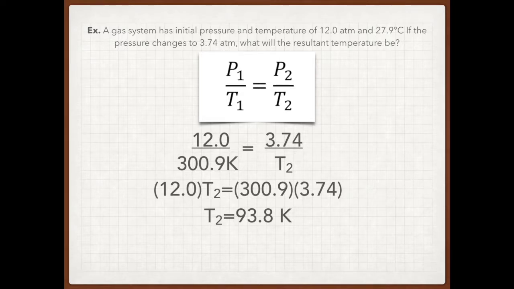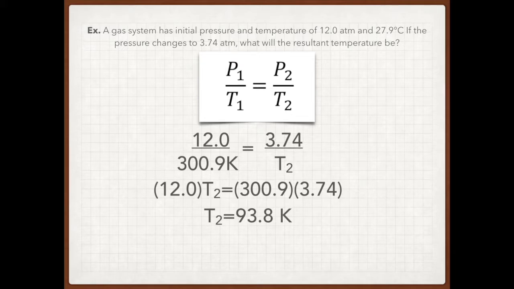Now, if I had asked you what the temperature would be in Celsius, this is a problem that really messes students up, because they immediately say, well, if the answer has to be in Celsius, then I can just keep all of my work in Celsius, and that's not the case. You always have to convert to Kelvin, but then right when I'm done, in order to get back into Celsius, you would have to subtract 273 to get your answer.